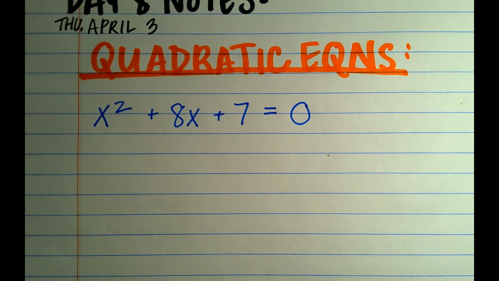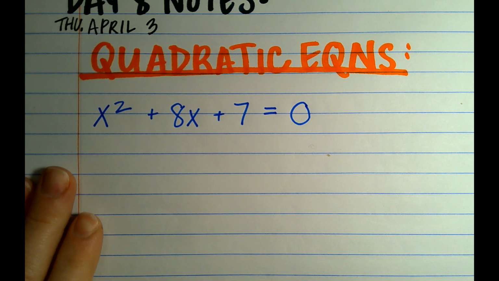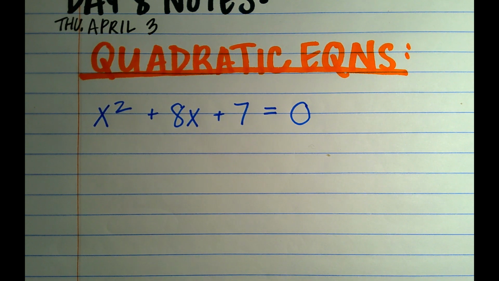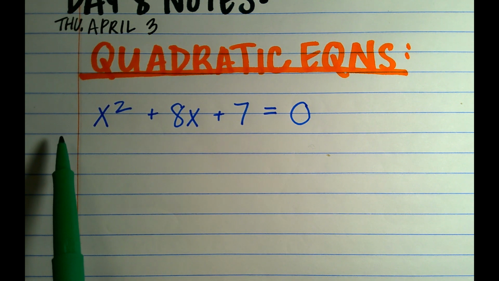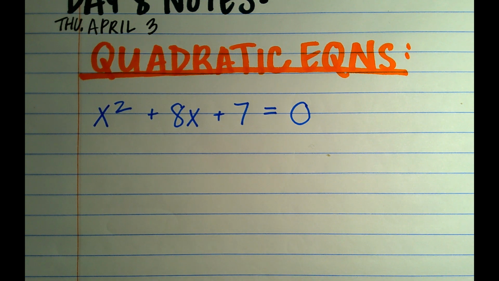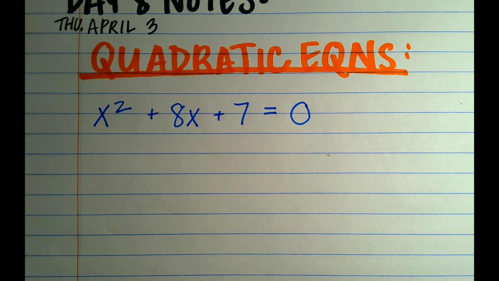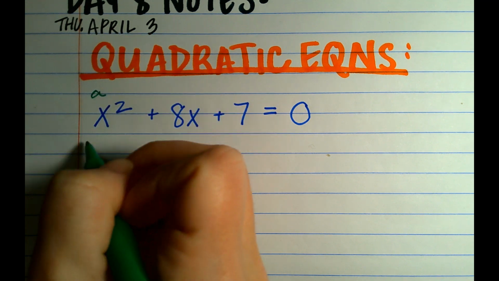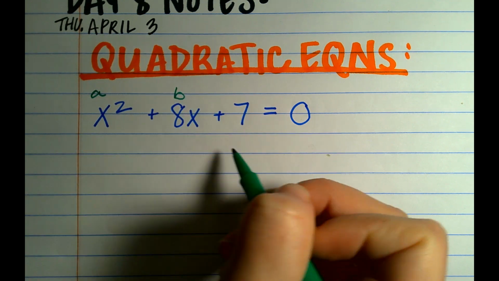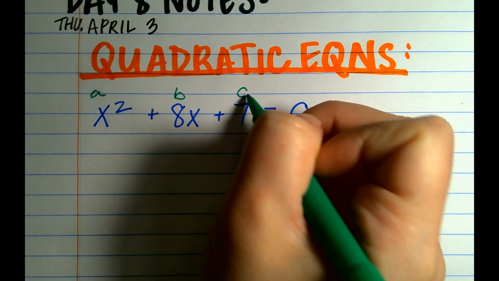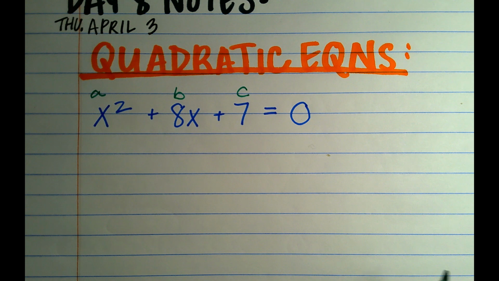So if we want to solve by factoring, that means we need to factor first. What should we look at before we factor? A, B, and C. We know it's ax squared plus bx plus c. So A is in the first term, B is in the second term, and C is the third.